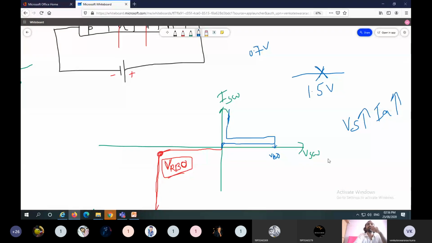But the voltage across the switch, here VSW means voltage across the switch, not supply voltage, is constant once the device is turned on, and the current flowing through the device increases like this. Before turn on of the device, the voltage across the switch is the supply voltage.